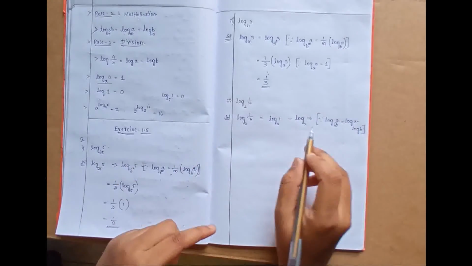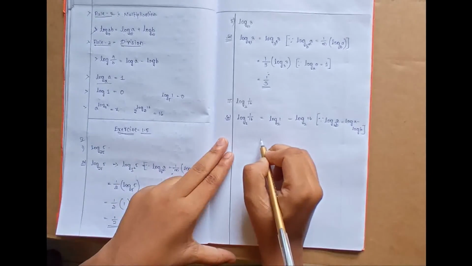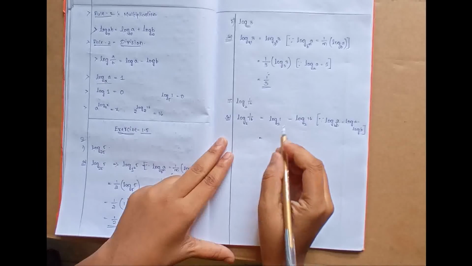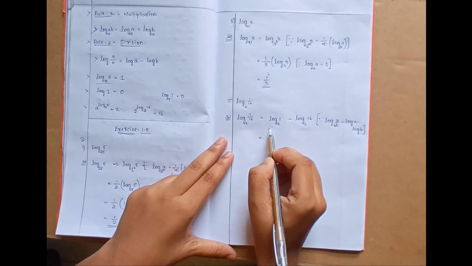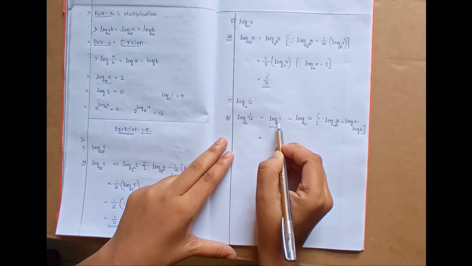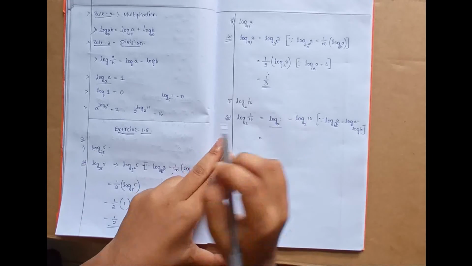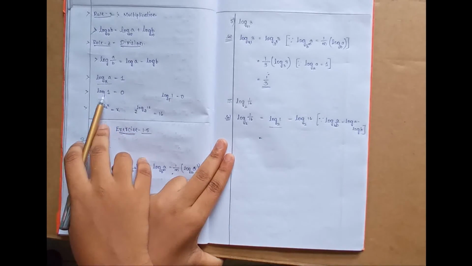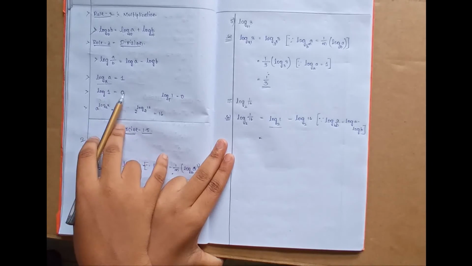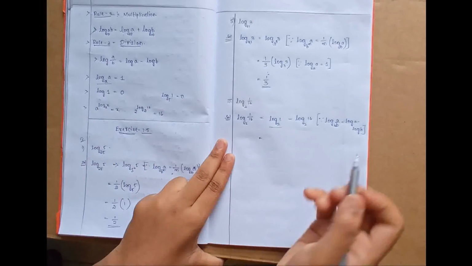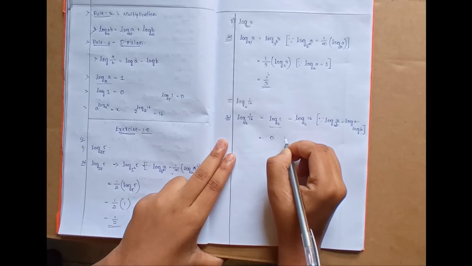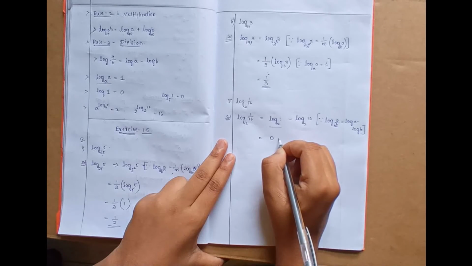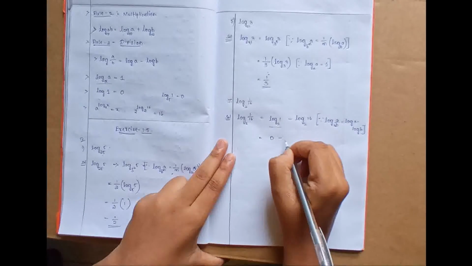As you see, the logarithmic number value is 1. If we have the logarithmic number as 1, then it is equal to 0. So this is also equal to 0, then minus log.